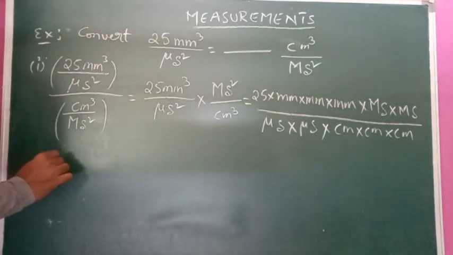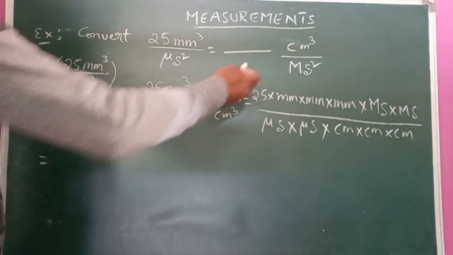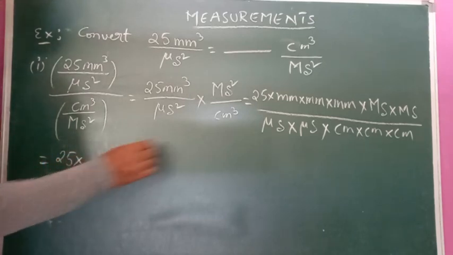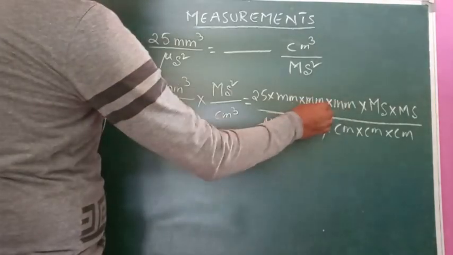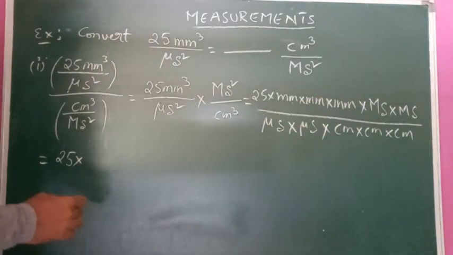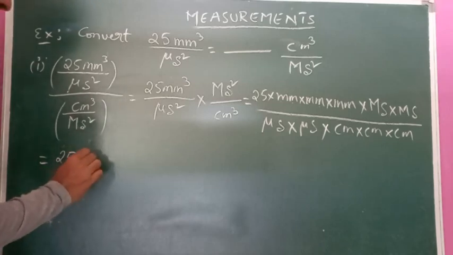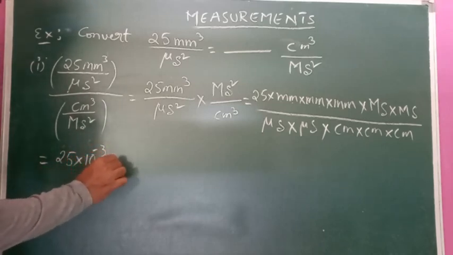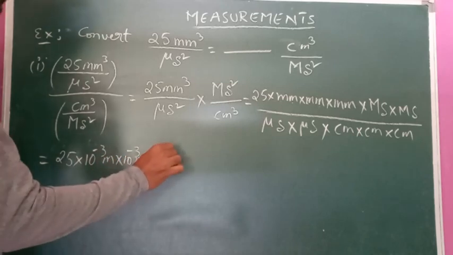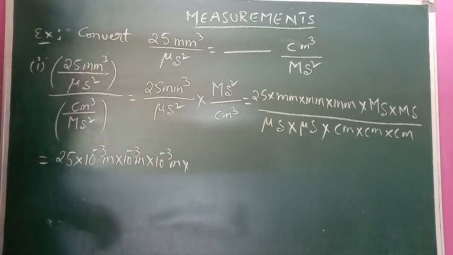Now substitute the values of multiples and submultiples. So 25 into millimeter. What is the value of milli? The value of milli is 10 power minus 3. So 10 power minus 3 meter into 10 power minus 3 meter into 10 power minus 3 meter into mega.